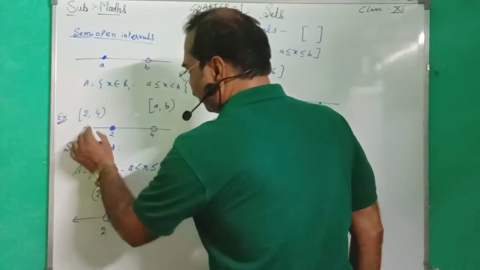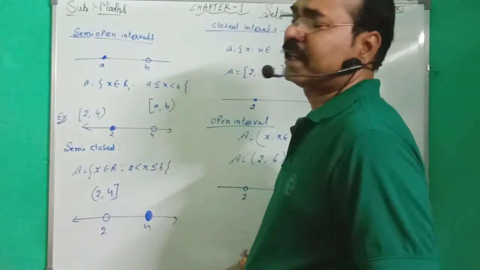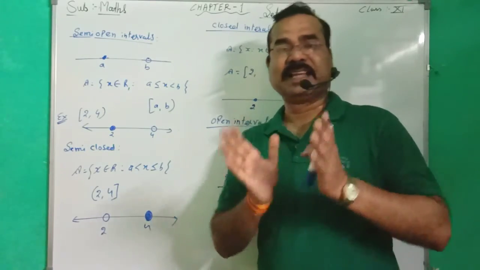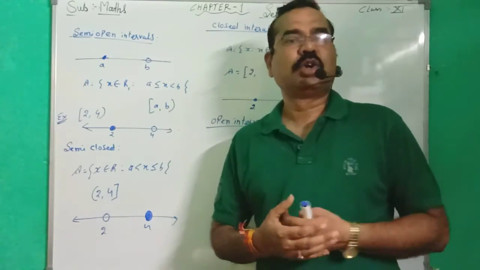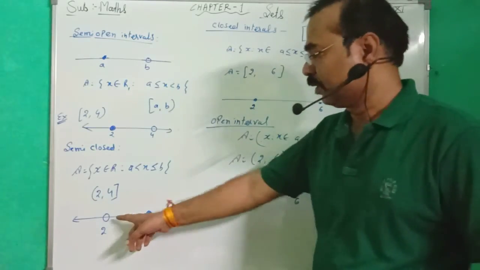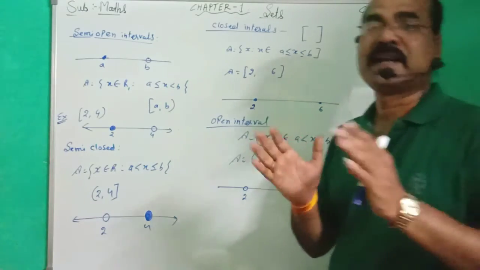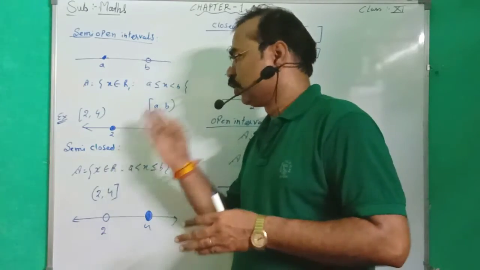Students, I think you should understand the meaning of the dot sign. If a value is included in the set, it is represented by a dot, and when it is represented by a circle, that value is not included in your set. So that is called a semi-closed interval.